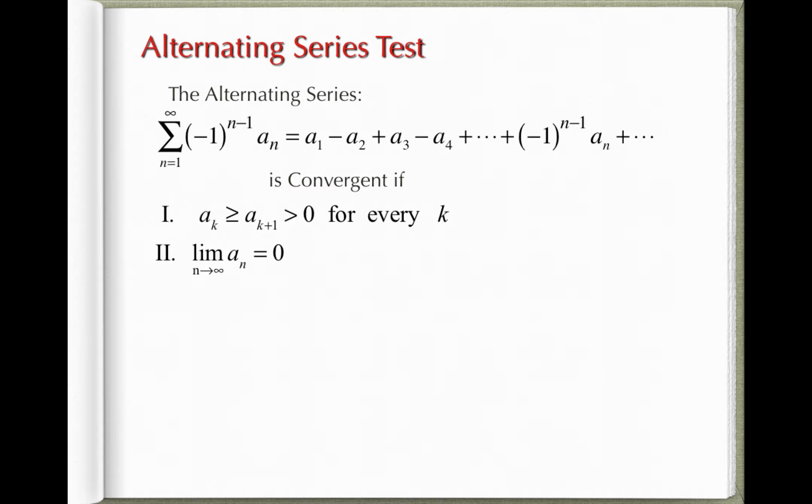If we can show that the terms of an alternating series are decreasing, and we can show that the nth term is equal to 0 when we evaluate this limit, then we can apply the alternating series test and determine the convergence of an alternating series. So let's go ahead and take a look at an example.